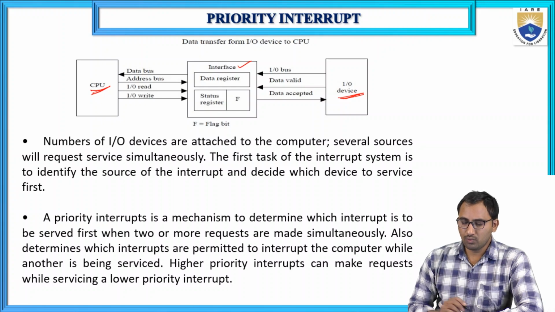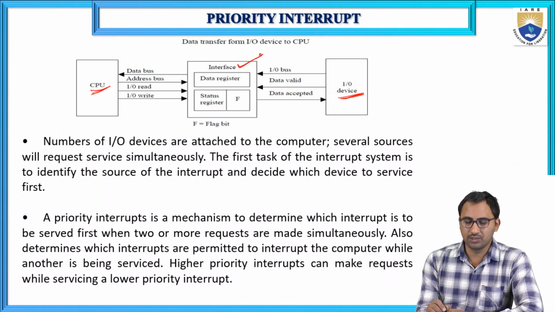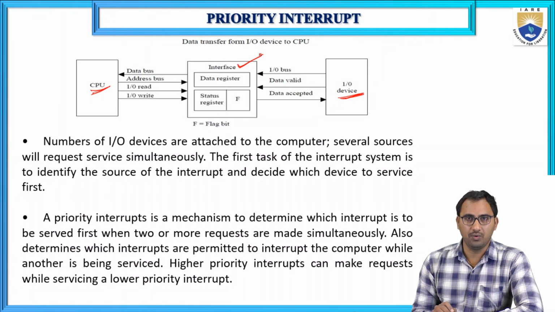Those differences are the nature of behavior of the CPU and I/O device, the data transfer rate, the data format, and the operating mode. In order to resolve those differences between the CPU and the I/O device, we use one circuit called the interface circuit.